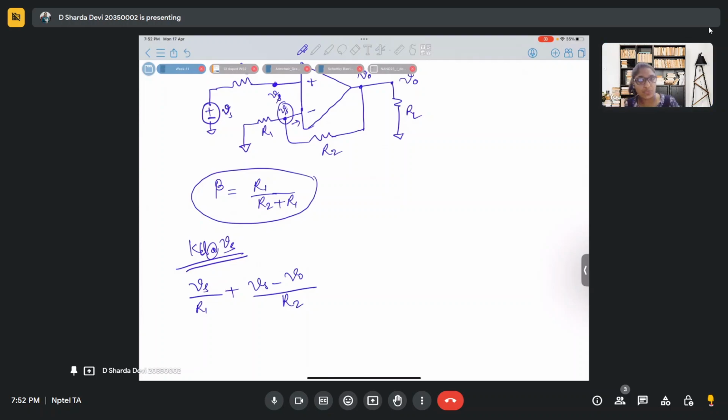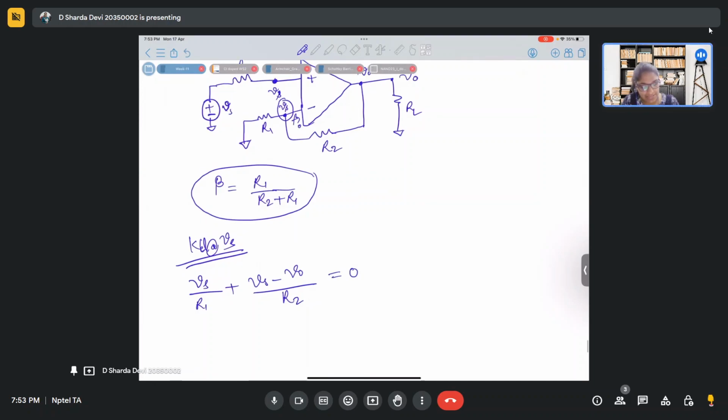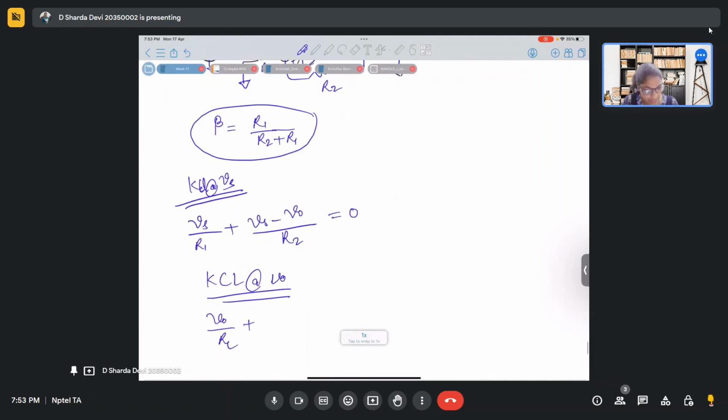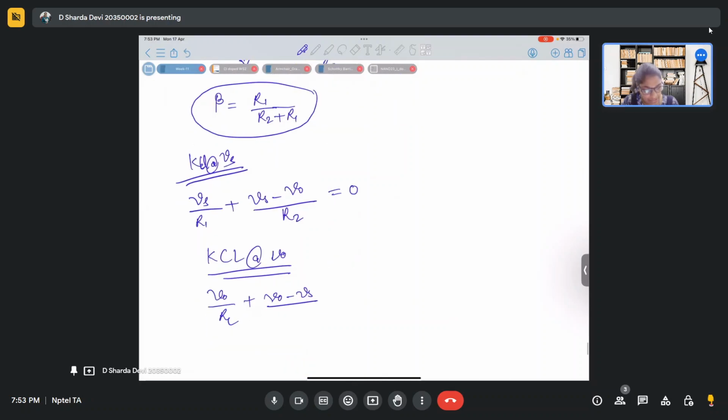No, right? This is 0. So we'll only have two terms equal to 0. Now let's write KCL at V naught also. V naught by RL plus V naught minus Vs by R2.